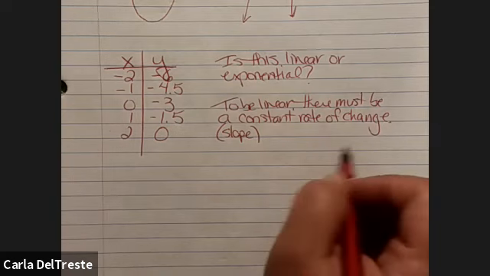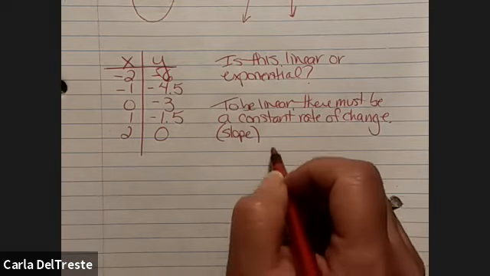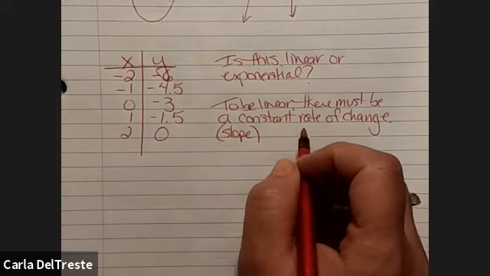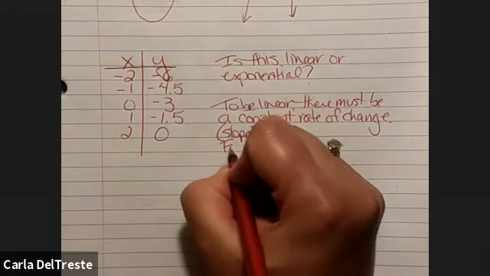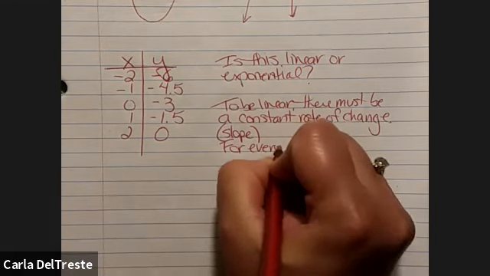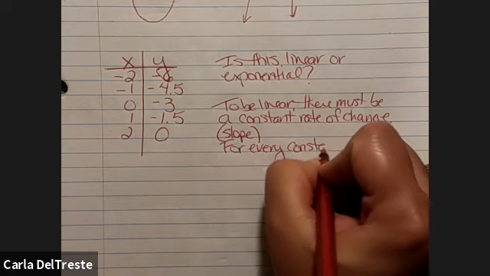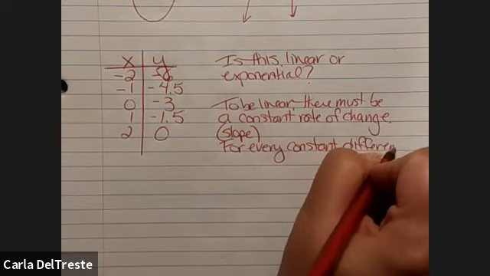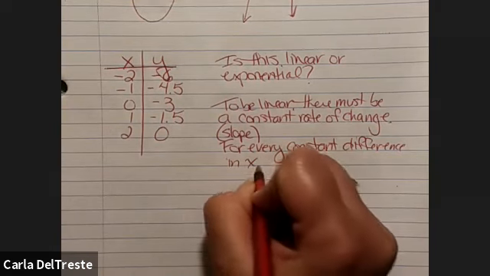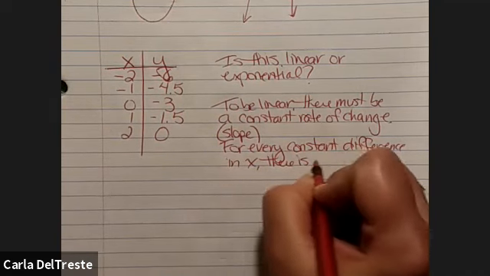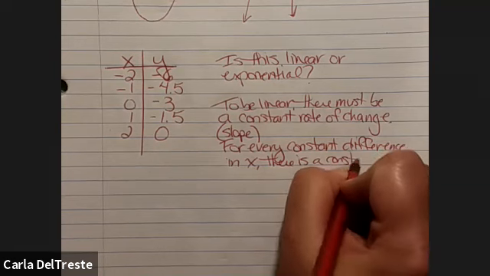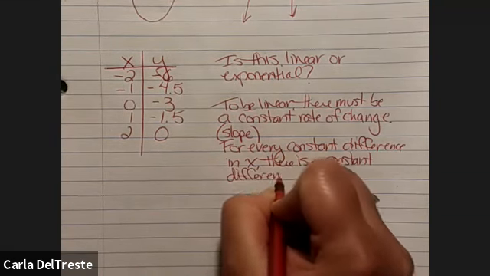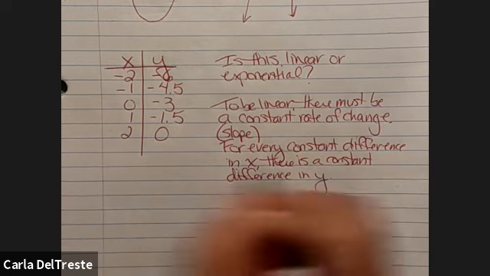So let's put this in different language now. Yes, we're looking for that constant change, but what's really happening? We're saying for every constant difference in x, there is a constant difference in y.